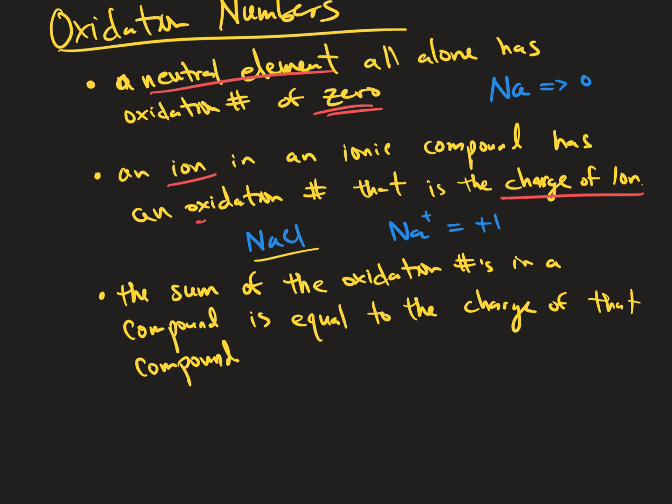But what about for a polyatomic ion? They add to whatever the charge of that polyatomic ion is. So if we have nitrate, for example, then the oxidation number of the nitrogen and the oxidation number of the oxygen has to add to what? -1, because that's the charge of nitrate. Are we good?